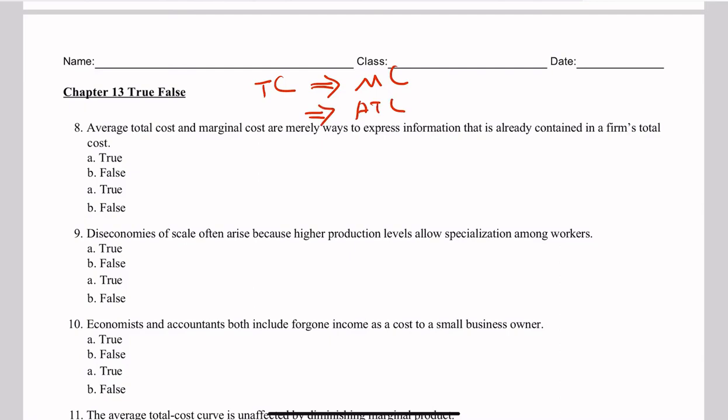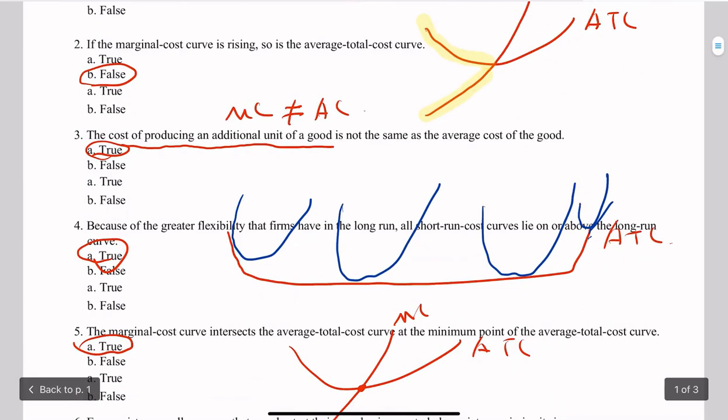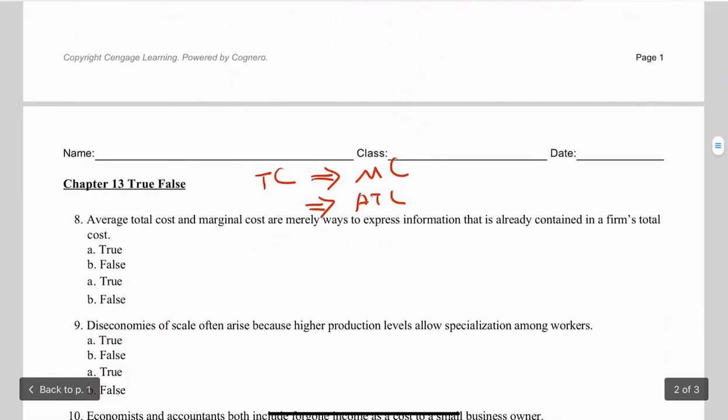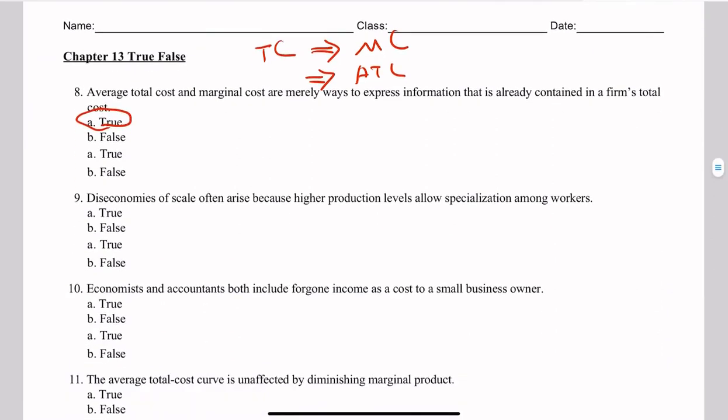So this basically implies that average total cost and marginal cost, they're just a different way to express information contained in a firm's total cost. So this is correct.